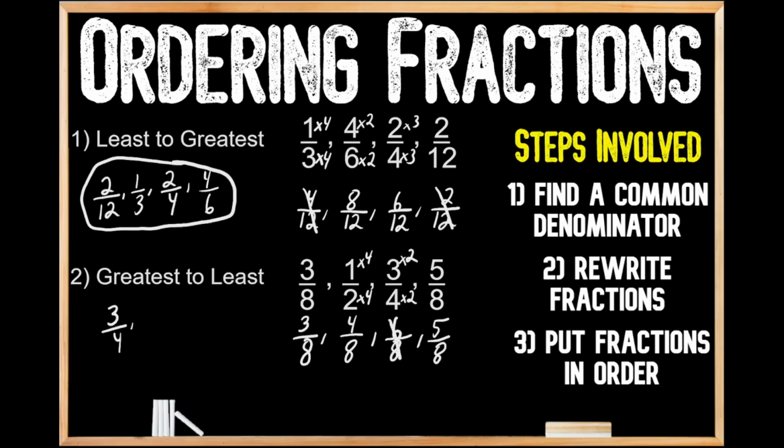Next we're looking for our next largest numerator, which happens to be 5/8, just the way that it was written originally. So we don't need to do anything there, but we're still going to put a line through it. Our next largest numerator is 4/8, which was originally written as 1/2, so we're going to write 1/2 for that fraction. And lastly, the fraction with the smallest numerator is 3/8.